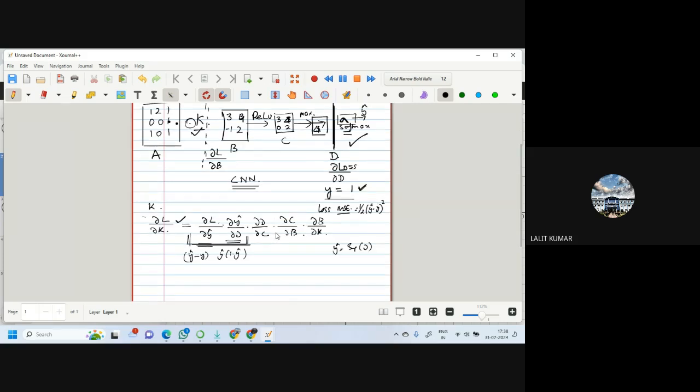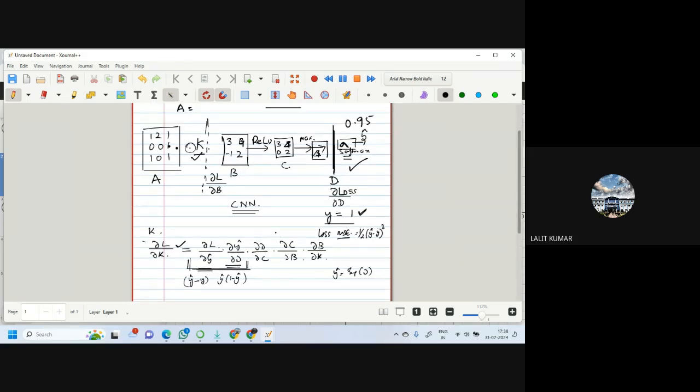Now in the second part, depending on the layer, it might be average, sum, max, or ReLU. But what is the logic to reach del L by del B? See here, only the max element 4 is contributing to the loss. No other element is contributing.